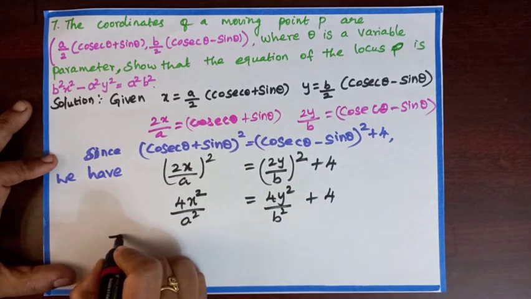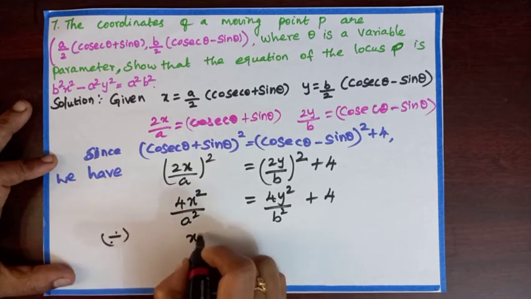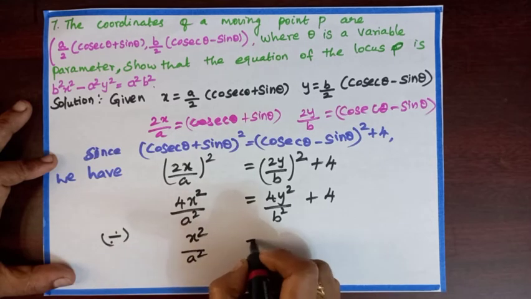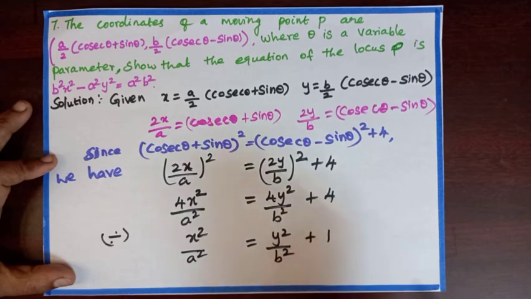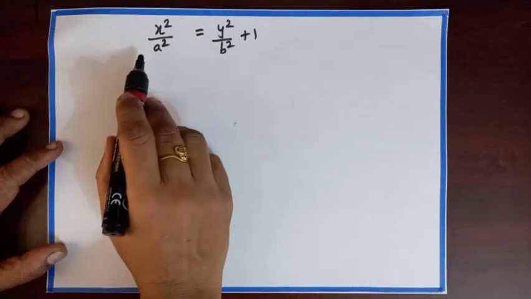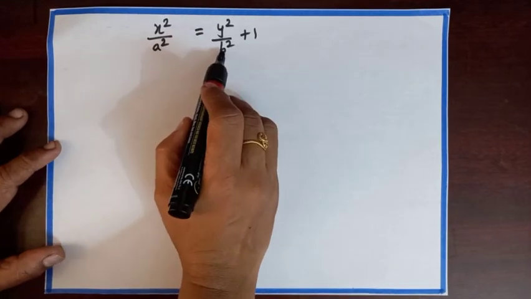Next divide by 4. Then we get x²/a² equals y²/b² + 1.